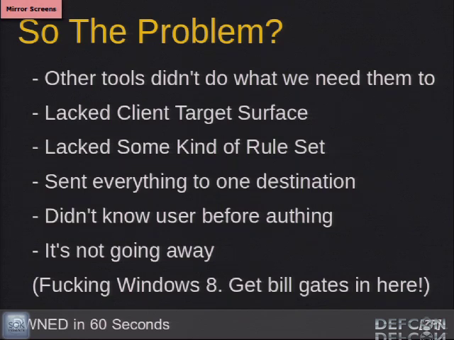The other big problem is that all of them sent it to one place, and we'll talk about why in a second. But they all forwarded every single request to one destination. That's noisy as all heck. We're getting users, we're getting machine accounts, and we're just sending all the authentication to one target. And I realized the reason why is we didn't know who the users were before the type 3 message.